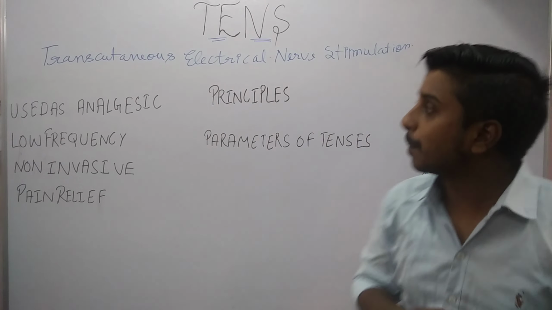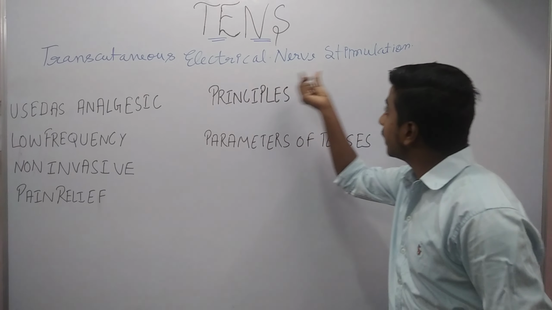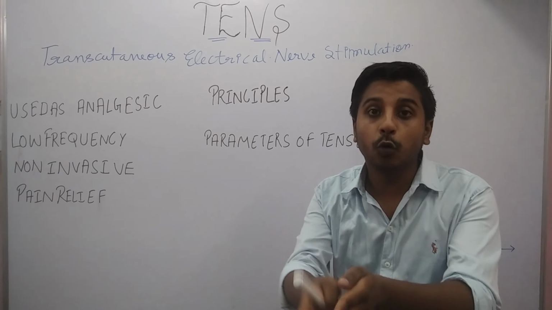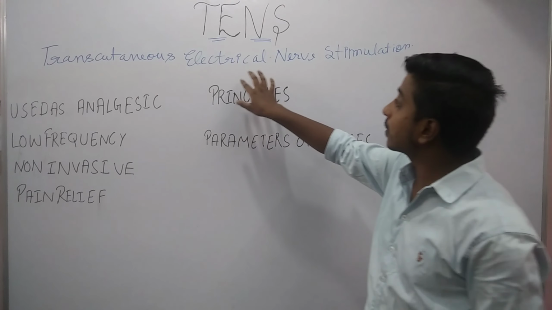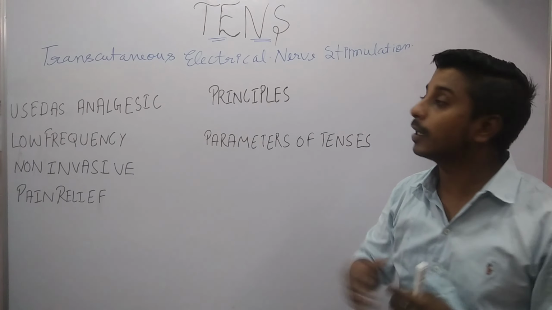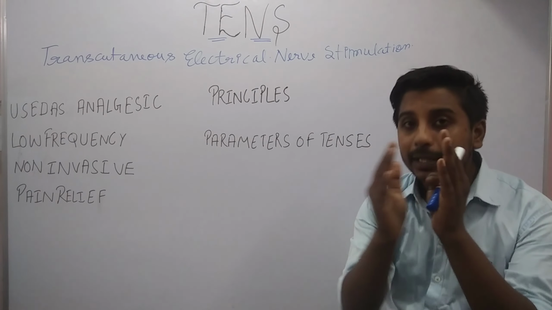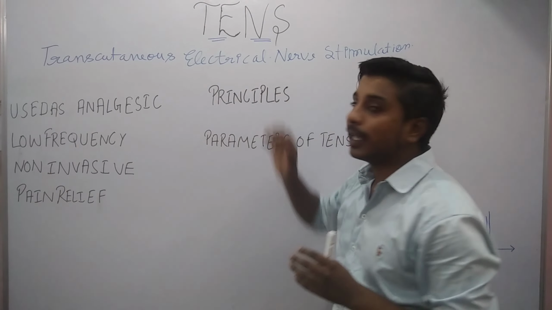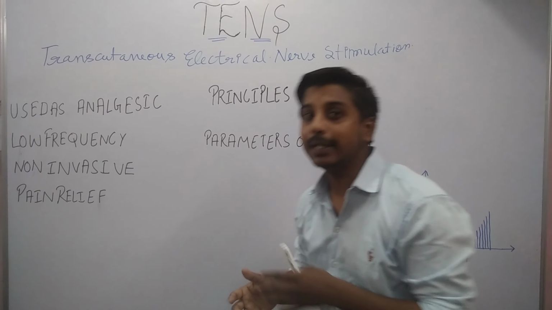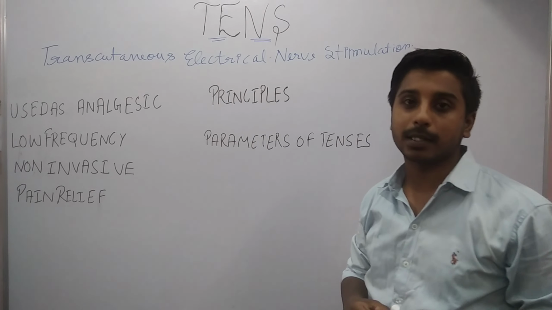Transcutaneous means through the skin. What is through the skin? Electrical. Electrical means electric current. So we can say in TENS there is an application of electric current which moves through the skin. That is the word transcutaneous.